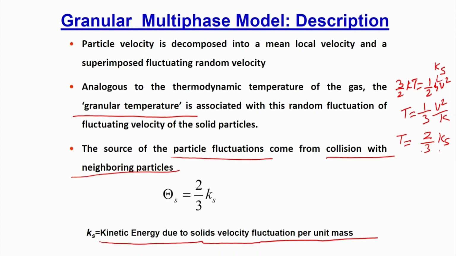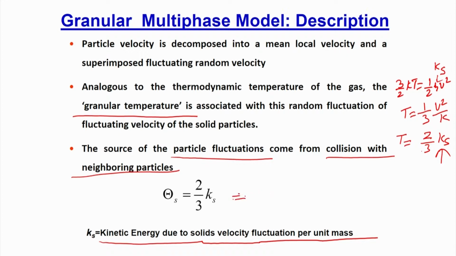Exactly the same way the kinetic energy has been defined in the kinetic theory of gases. That is why the granular temperature and the thermodynamic temperature are very analogous quantities, and the Ks, which is the kinetic energy of fluctuation per unit mass, is defined the same way.